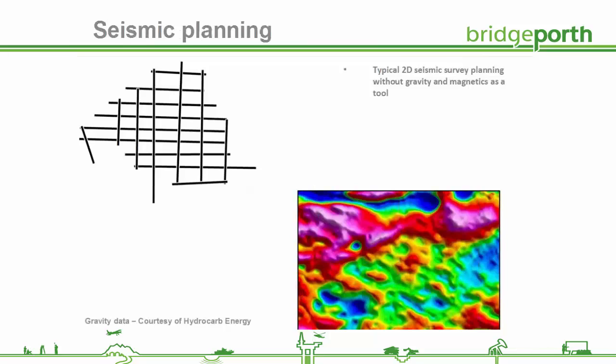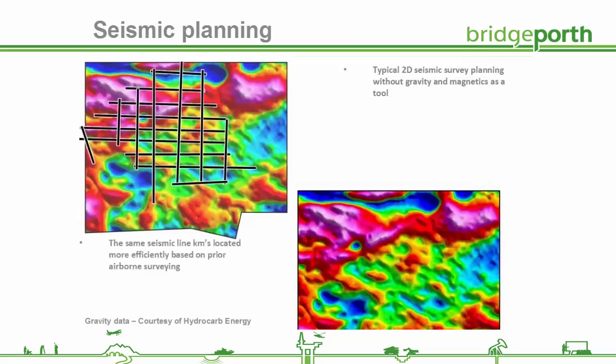On the left there we have a typical seismic program that may have been put together without much information, so maybe a few geological maps, maybe some public domain data that was available, that results in a relatively uniform, regular seismic spacing. And the argument would be, if you'd already acquired that potential field data prior to the seismic, would you still acquire that same seismic pattern?